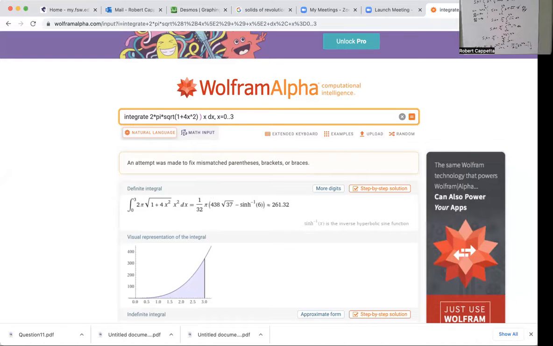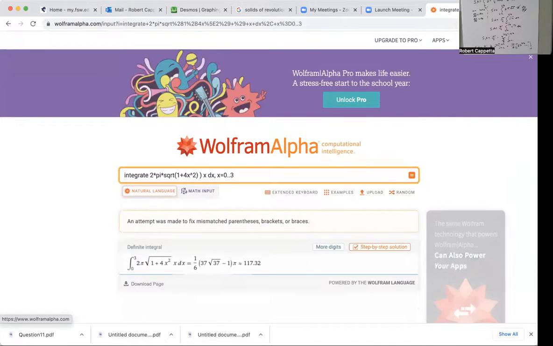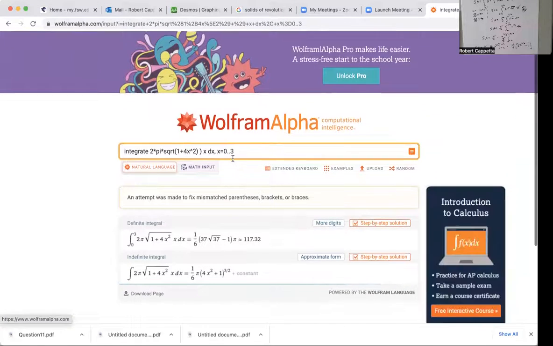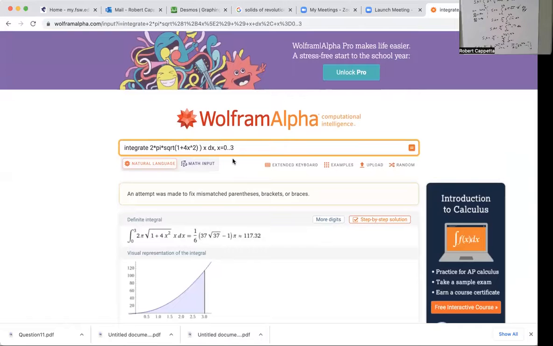The x squared was a much more challenging integral. Do we get the answer that we expect to get? So 37 root 37, that of course is 37 to the 3/2 minus 1 times 1/6 with a pi. That looks good to me, so we'll call that correct.